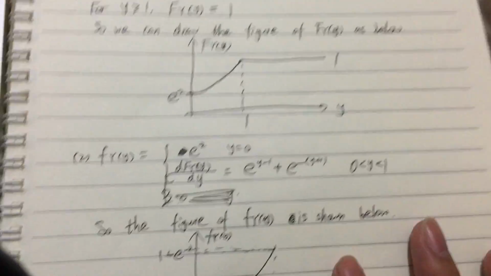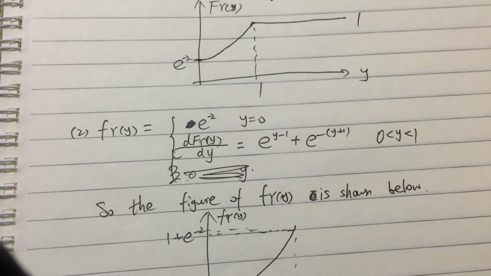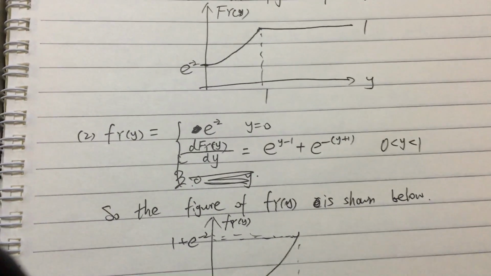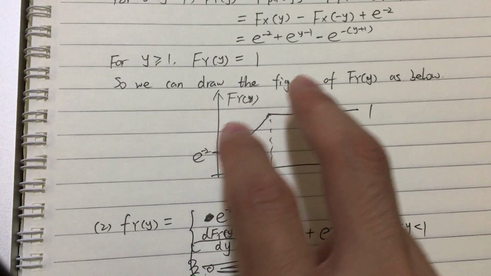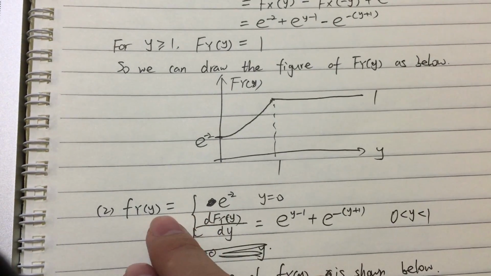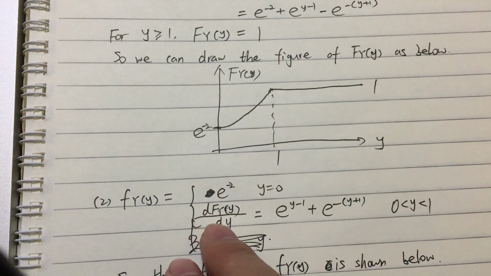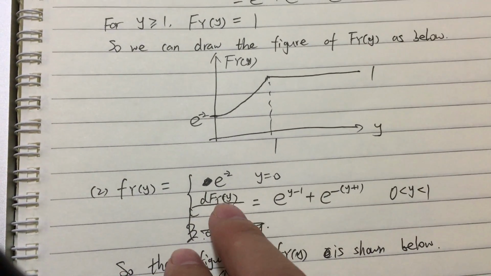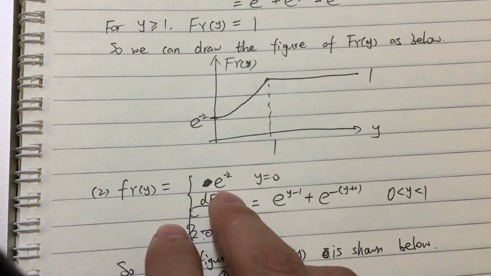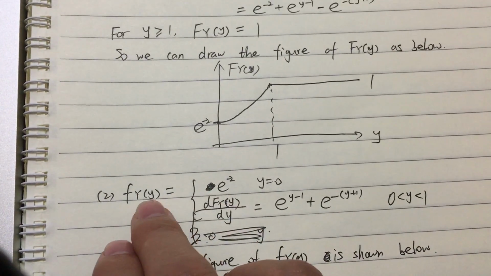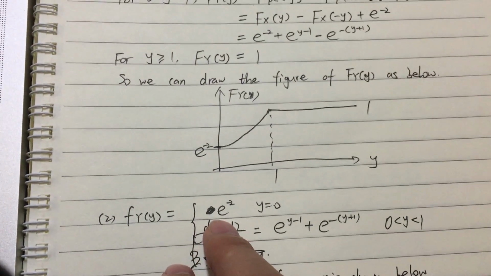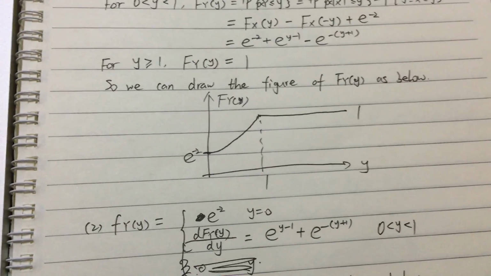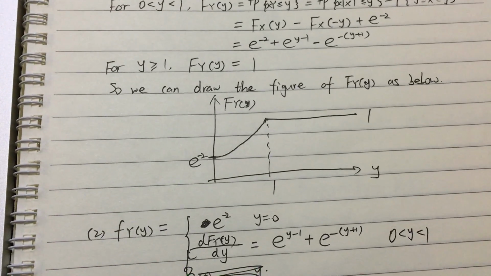And for the second part, we need to find the PDF of y. Because we have solved out the big Fy, we just need to take the derivative of big Fy with respect to y. So when y is equal to 0, the PDF has a mass equal to e^(-2), which is the jump of big Fy.